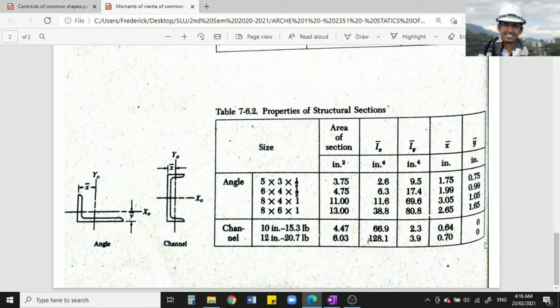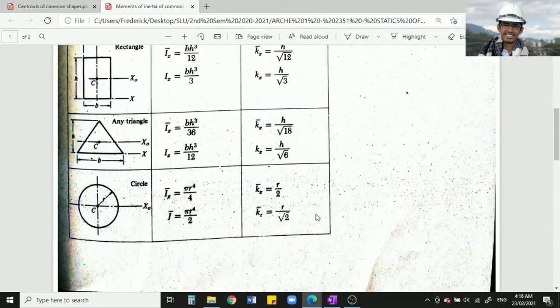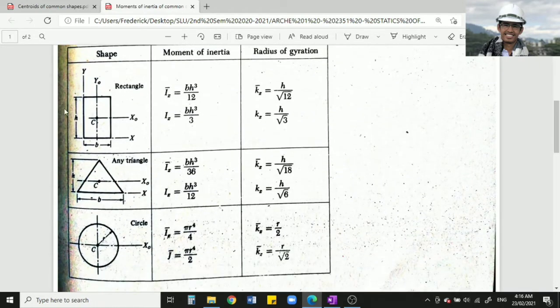Okay, so you can refer to the table for our example problems. So for rectangle, bh cubed over 12, triangle, bh cubed over 36, and circle, pi r to the 4 over 4. These are just the basic shapes for us to determine the moment of inertia.